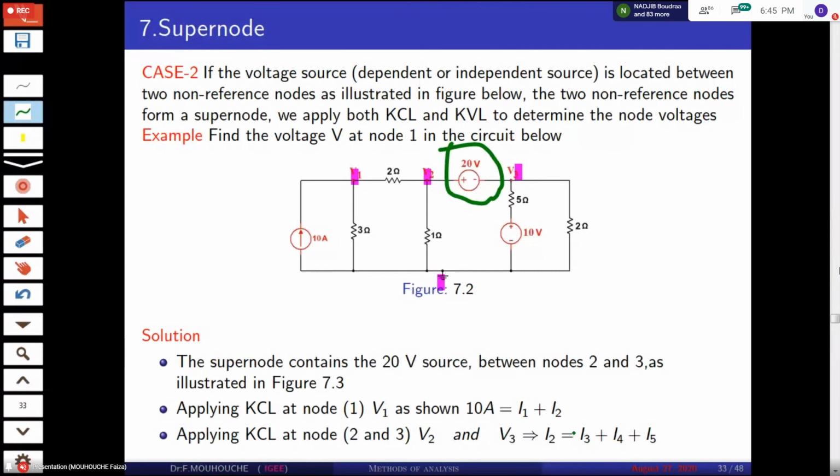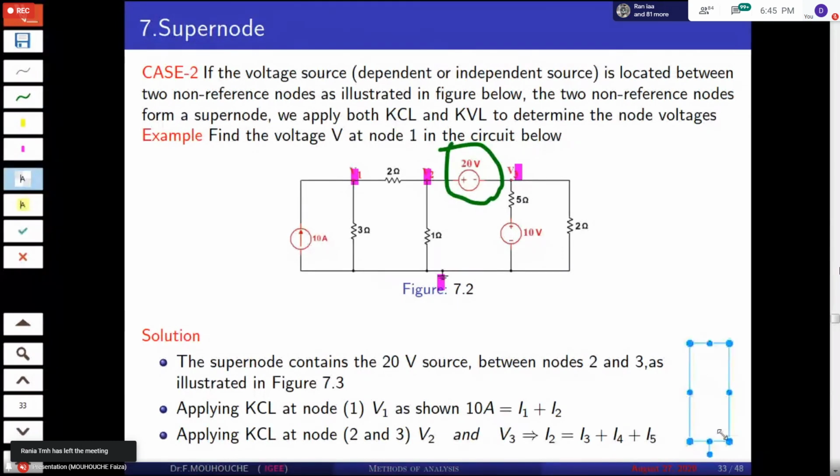I1 equals V1 over 3, and I2 equals (V1 minus V2) over 2.